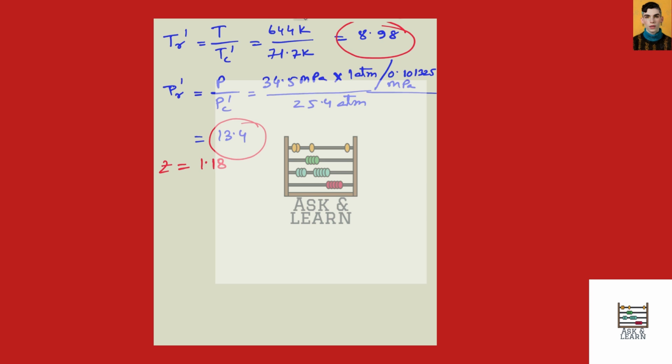Now we can calculate the volume of gas using the compressibility factor equation. Therefore, the volume of gas necessary is the Z factor multiplied by the number of moles of gas, R, T, divided by the pressure.